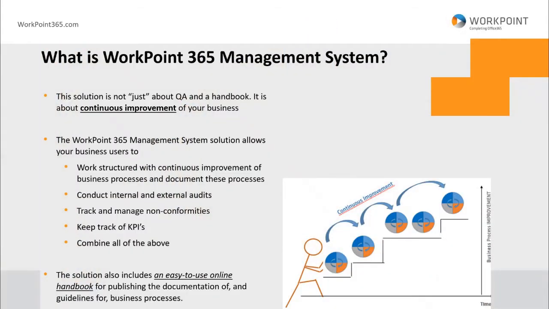WorkPoint 365 management system. Often people, when they talk about QA, they're thinking about a handbook, quality manual, quality handbook. Lots of names for this, and that is certainly an important part, but that's not the whole thing. If you go back some decades, a handbook was paper-based.